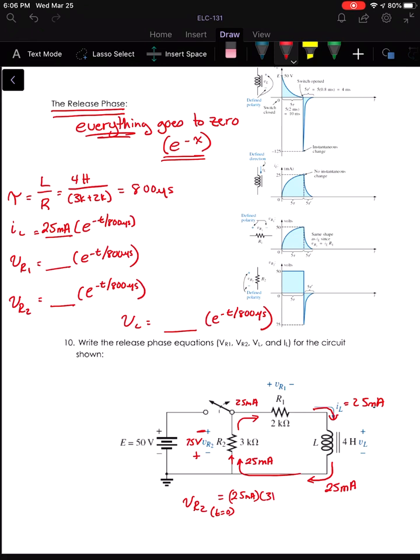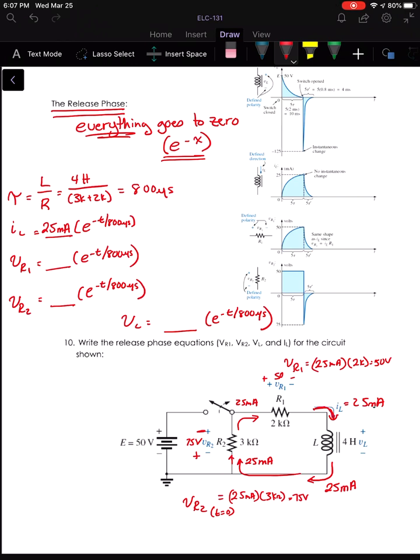We've got 25 milliamps through 3K ohms of resistance, so I've got 75 volts there. What about VR1? Again, I've got 25 milliamps of current through the resistor, which is 2K in this case, so 50 volts. And if you recall, that's what we had in the storage phase. We had 50 volts there.